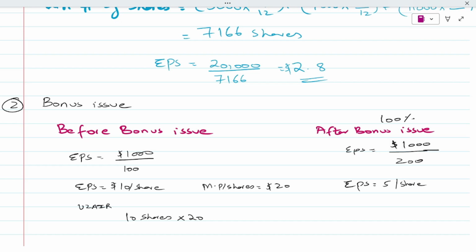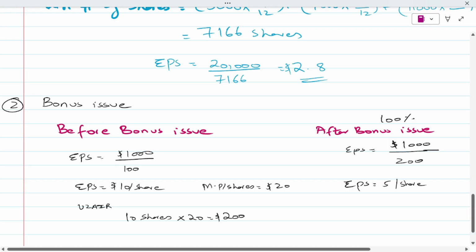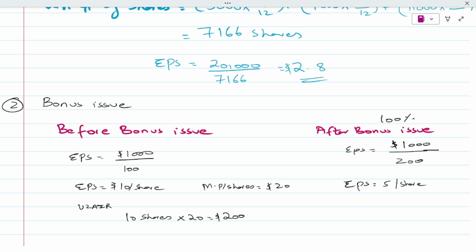So if I have 10 shares in this company as an individual, and the market price per share is 20, so 20 times 10, I'm going to be holding $200 worth of my wealth in this company, correct? Right? Easy. So my total wealth in this company is $200. That's before the bonus issue, right?